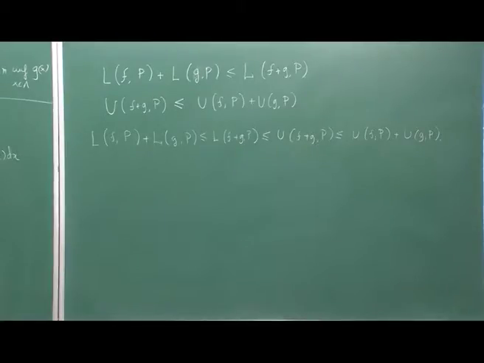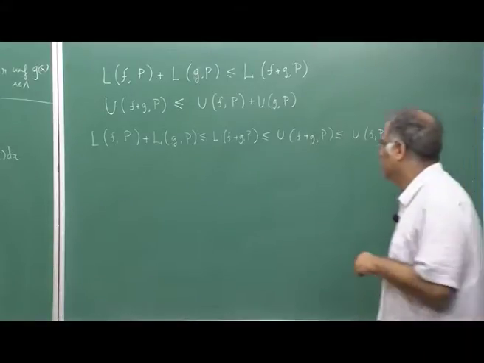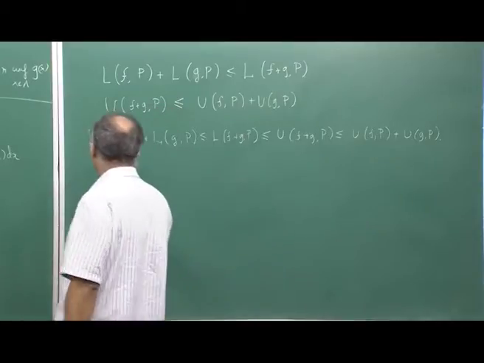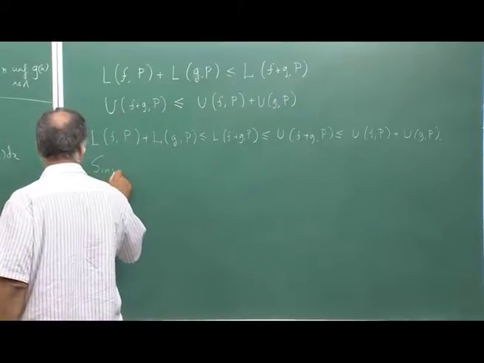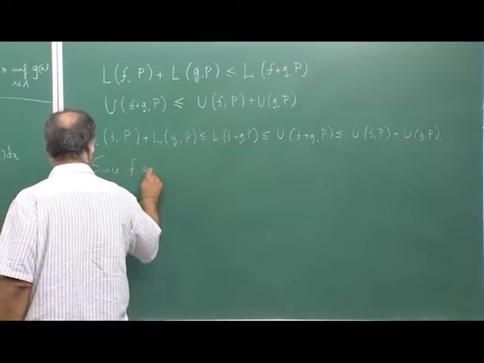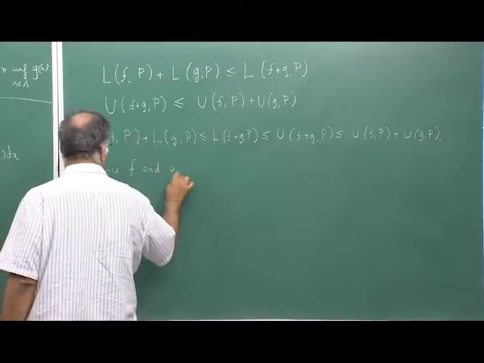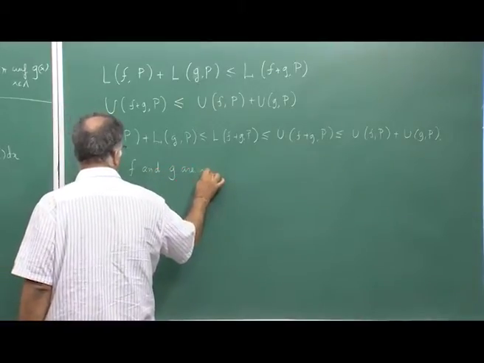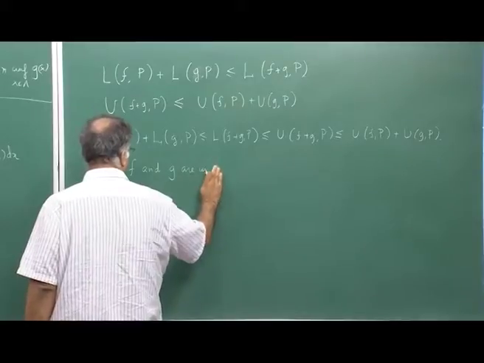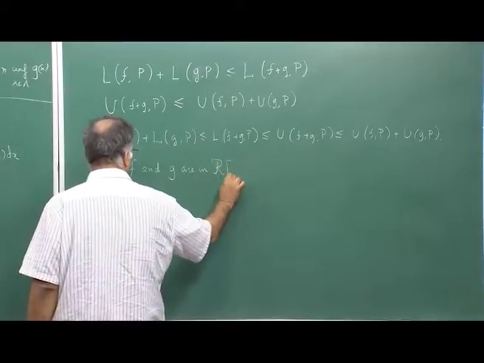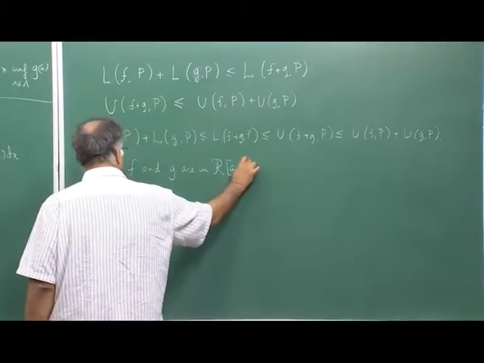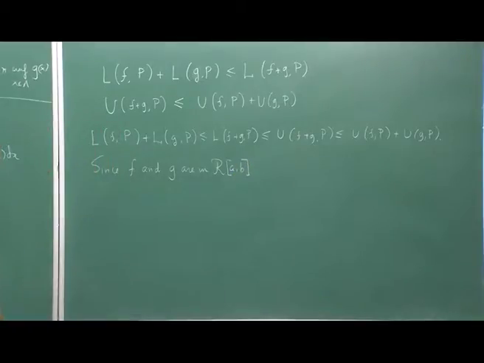Now, f and g are assumed to be integrable, right? That is what we have assumed, f and g are Riemann integrable. So, since f and g are in R[a,b], what would it imply?